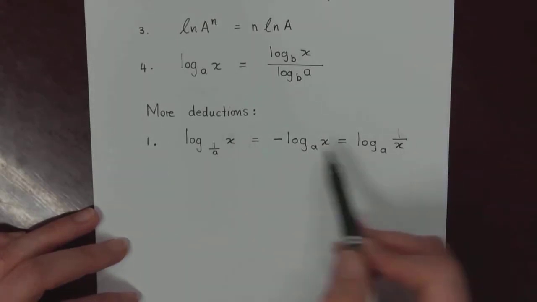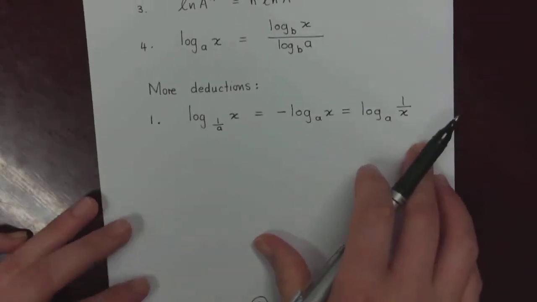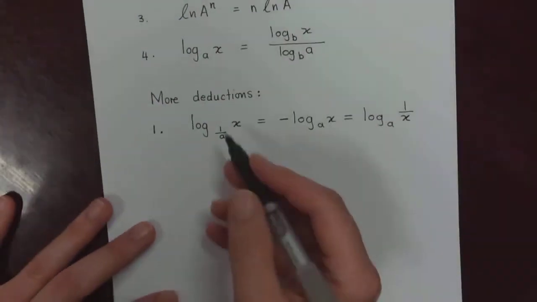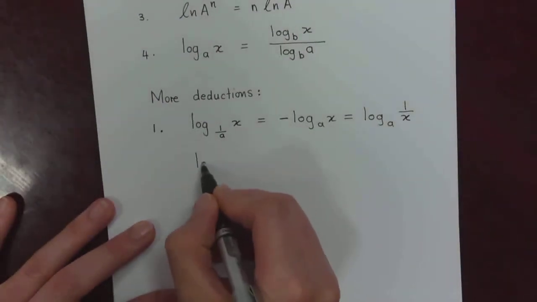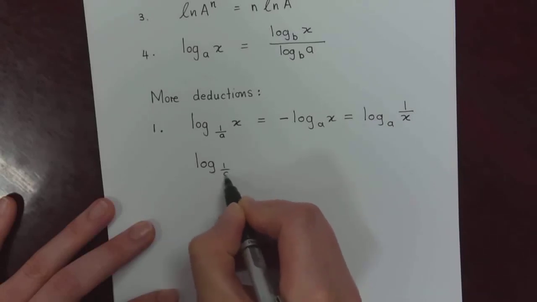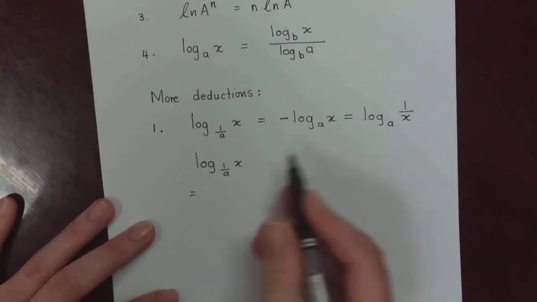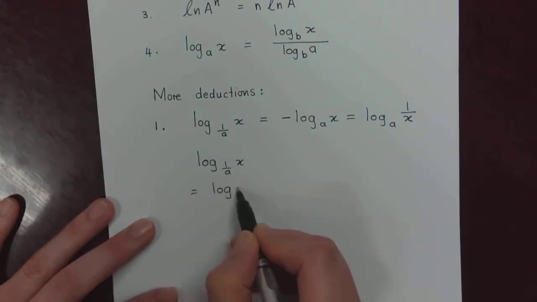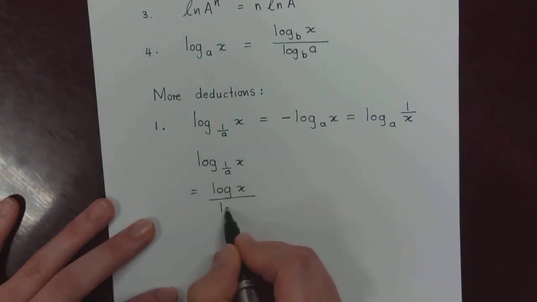Now, in order to show you how this works, it is actually very simple and straightforward. It all has to do with these 2 laws. The first thing I can do over here is take that log of 1 over a to the x, and break it up by using my change of base law. I'm going to break it up into log of x over log of 1 over a.